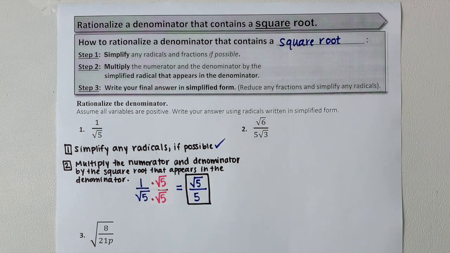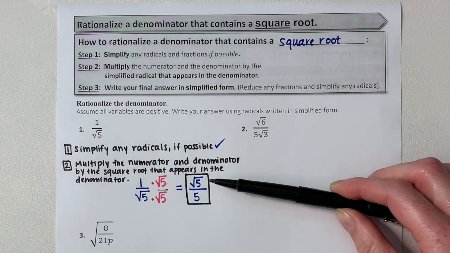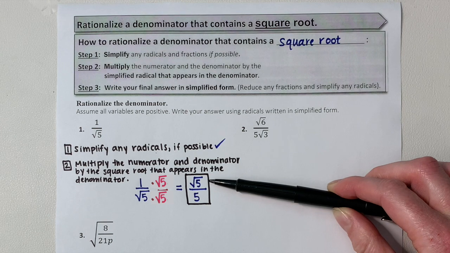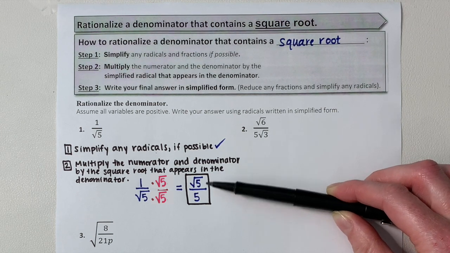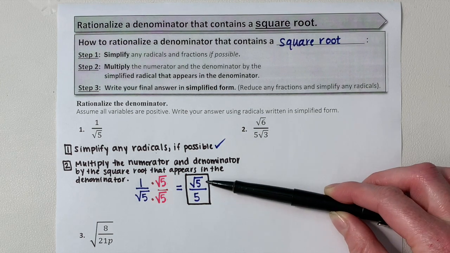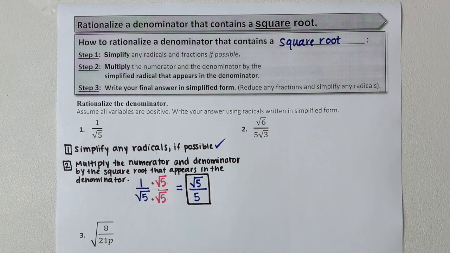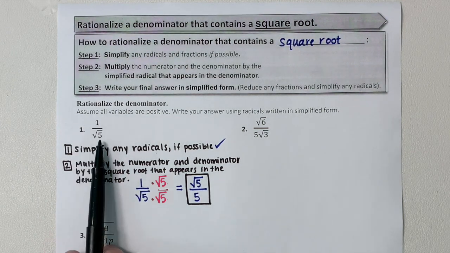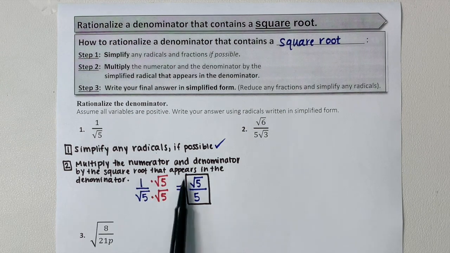Notice here, because this could be confusing, in mathematics, we're typically okay with having radicals in the numerator. But mathematicians do not like having radicals in the denominator. So for your final answer, make sure there is no radical in the denominator. But if you have a radical in the numerator, that is okay. And another important note is that this expression here is equivalent to this expression here.